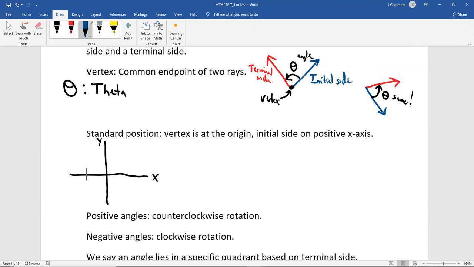But our initial side is going to be on the x-axis. Then we said the vertex is on the origin, so there's the vertex. And the terminal side is just where it ends up. So this is going to go a little less than where the y-axis is. Again, it may not be perfect, but just assume I'm trying to draw it to demonstrate that it's the same.